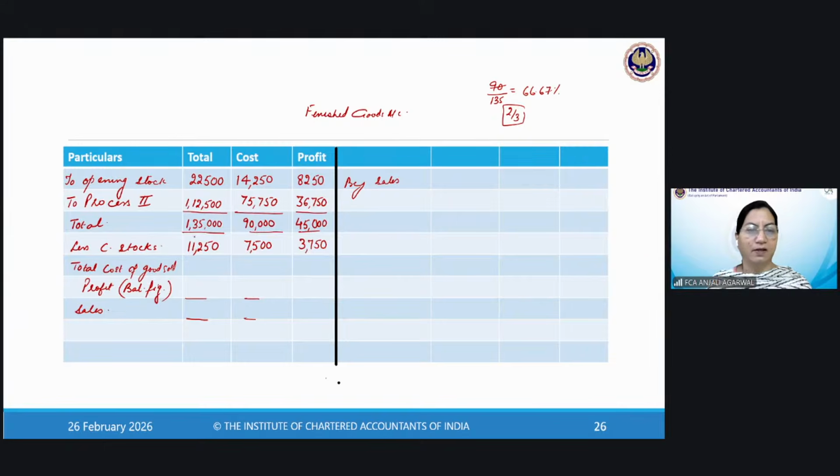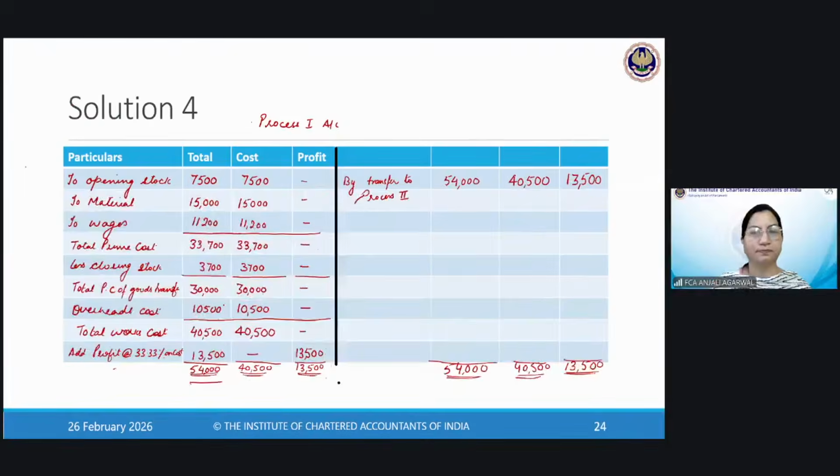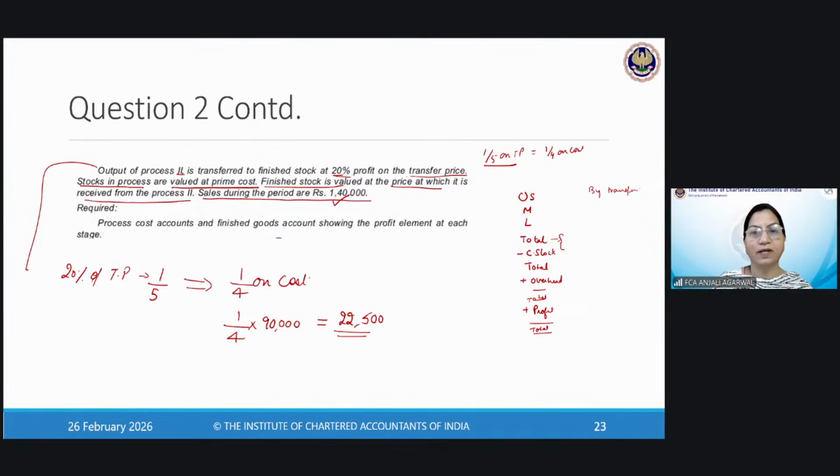So what is the total cost of goods sold? 1,35,000 minus 11,250, the closing stock. So cost of goods sold is 1,23,750, and it is sold for 1,40,000, as mentioned in the question. Sales is 1,40,000.